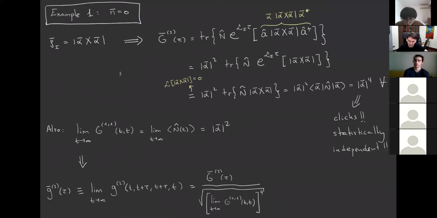We have this 4 times because we have 4 times t plus tau, and t, okay? And then you get the same kind of object 4 times because all of them are in the limit when t goes to infinity. So all of them are the same kind of asymptotic number of excitations. So then when you put all these things together, this is equal to what? It's equal to 1. It's equal to 1 for all tau, okay?